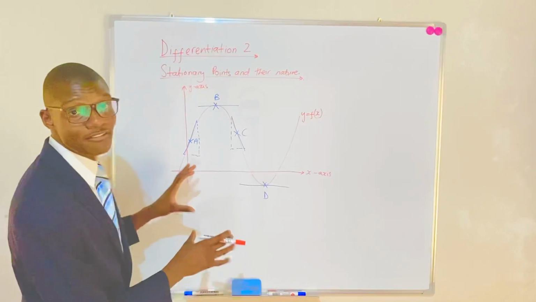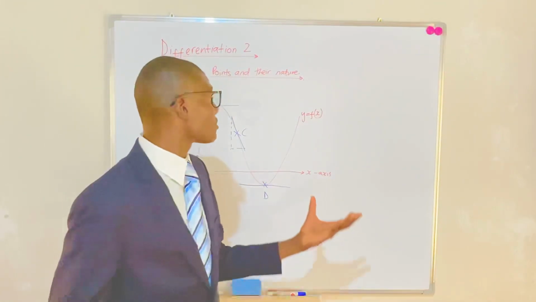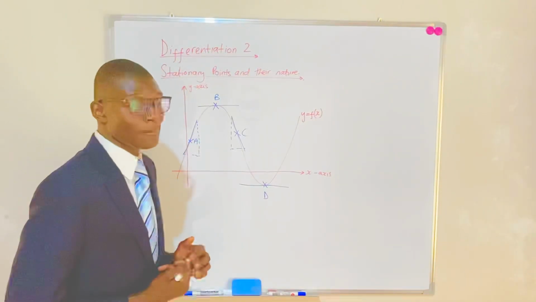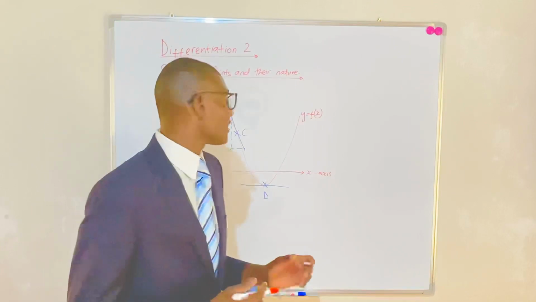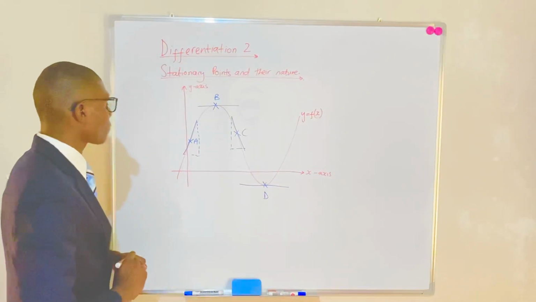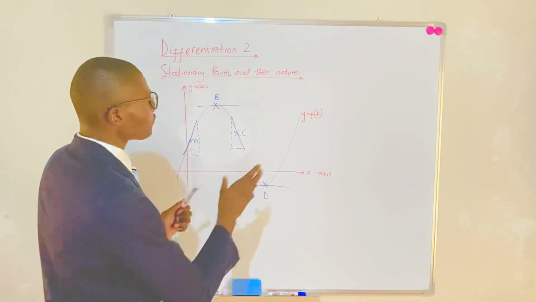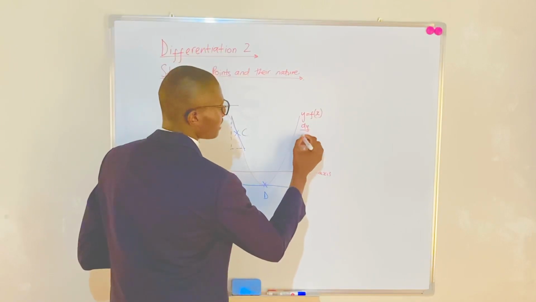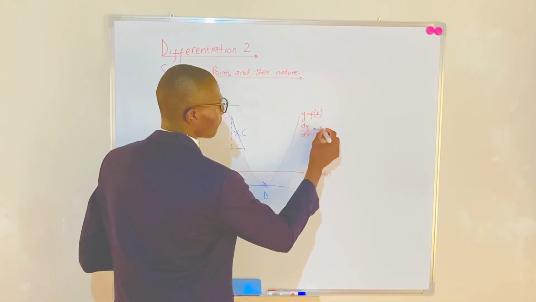So from this curve, we want to study what happens to the gradient of this curve at the points A, B, C, and D. So to start off, let's study what happens to the gradient at point A. At point A, the gradient function dy by dx is equal to f prime x.